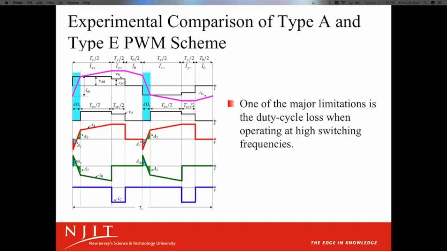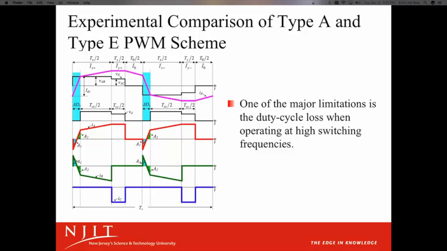Having said that, let us continue. One of the major limitations of the duty cycle loss when operating at a high switching frequency is that it generates circulating currents in the primary switches and transformer windings, which results in conduction loss and poor input current THD.